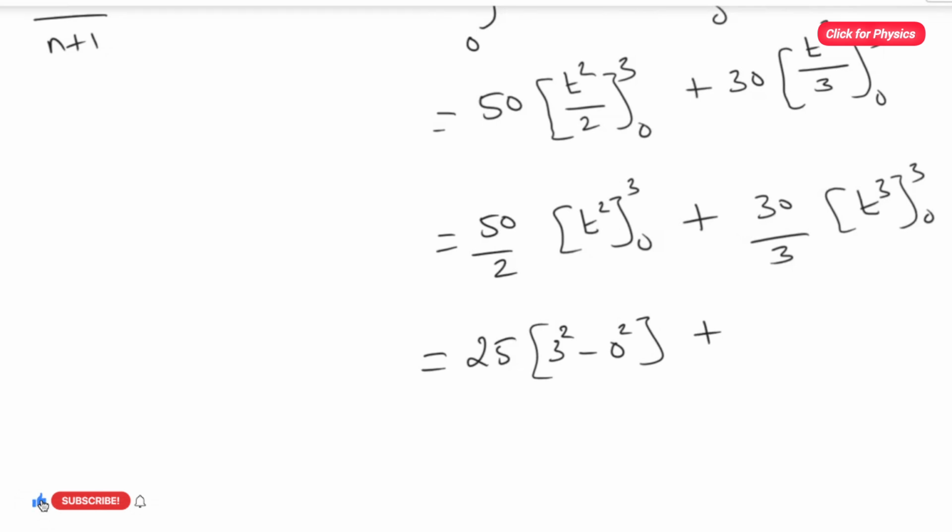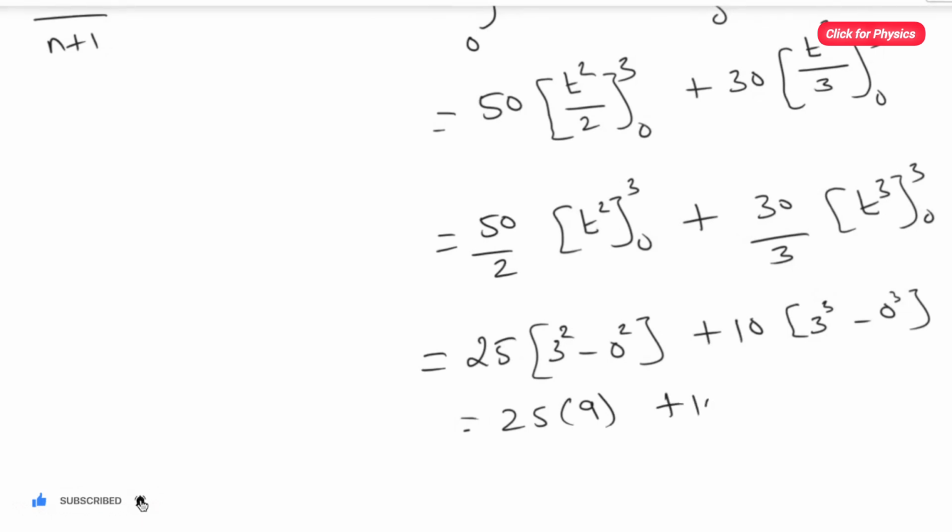Plus, when you simplify this, we will get 10, and likewise substituting the upper limit and the lower limit, we will get 3 cube minus 0 cube. So 25 multiplied by 9, because 3 square is 9, right? Likewise 3 power 3 is nothing but 27. So plus 10 multiplied by 27.